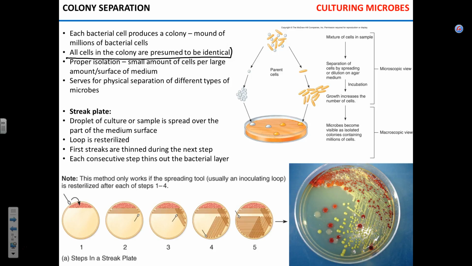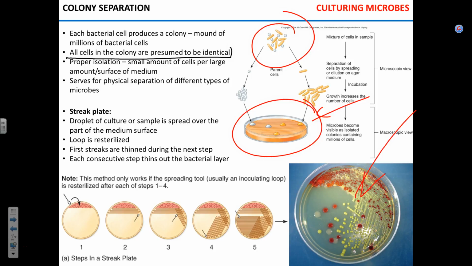So here you can see the mixed culture. We put it on the plate and they get separated. Okay? In an ideal world, it works like this. In a non-ideal world, it works like this. You can see how all the different species are mixed here.